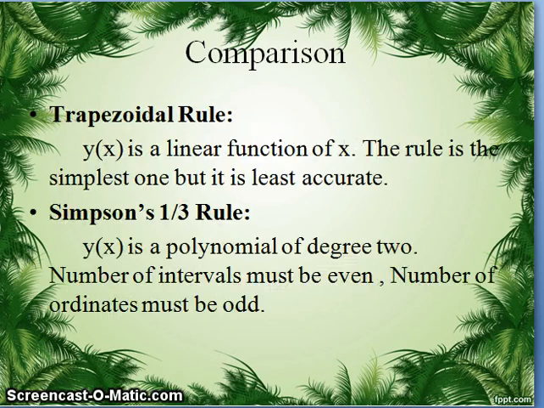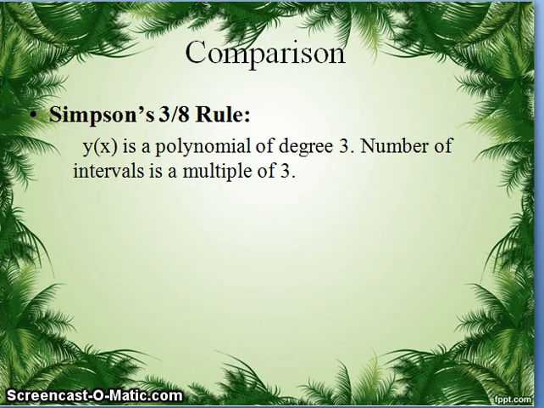For all the three methods, the trapezoidal rule is a linear function, Simpson's 1/3 rule is a polynomial of degree 2, and Simpson's 3/8 rule is a polynomial of degree 3. So I think through this single problem you can find the comparison of all the three rules.